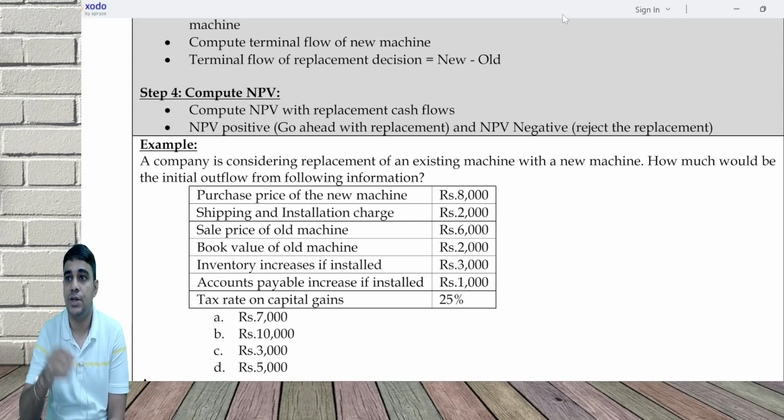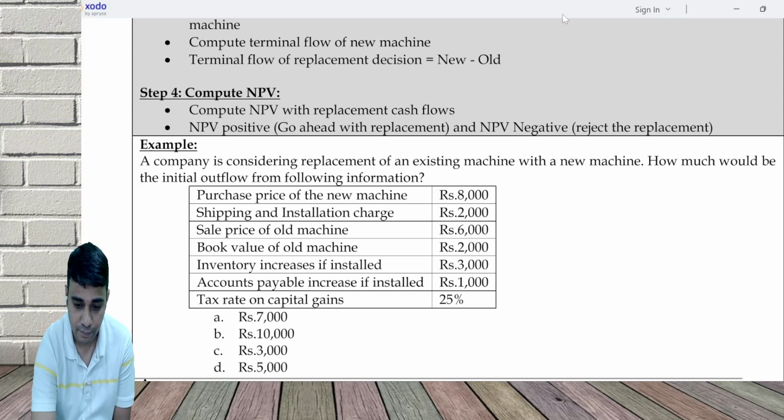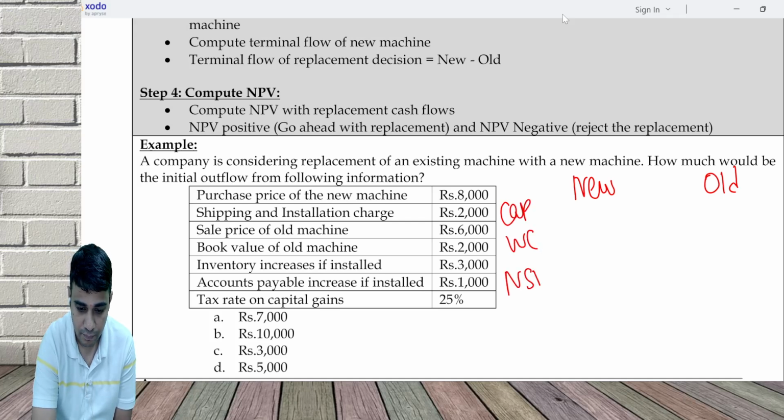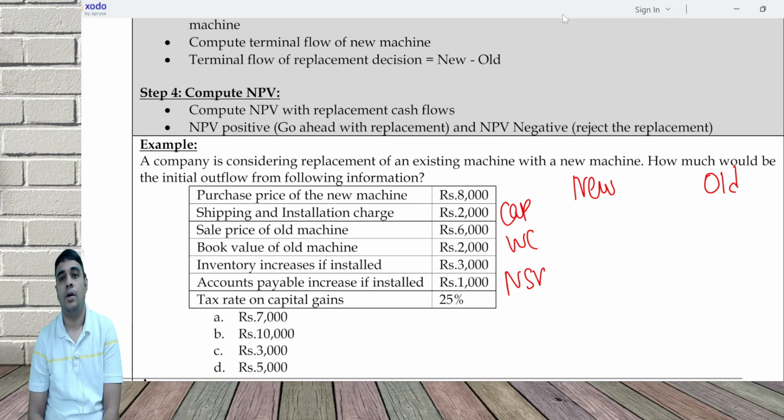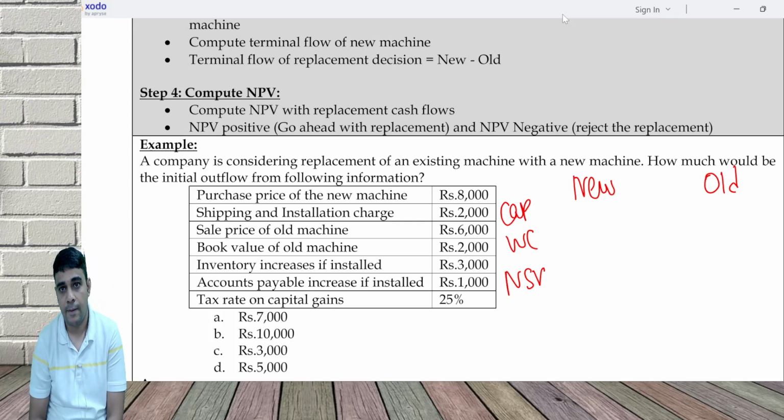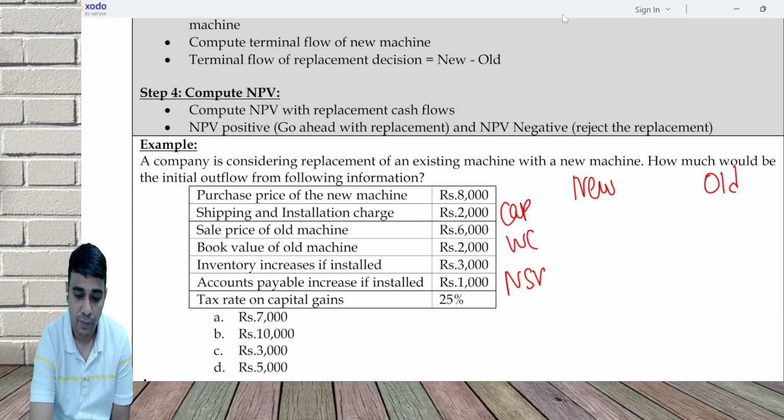And when I say new machine, capital expenditure can also be there, working capital can also be there. What is the capital expenditure of the new machine? 10,000.